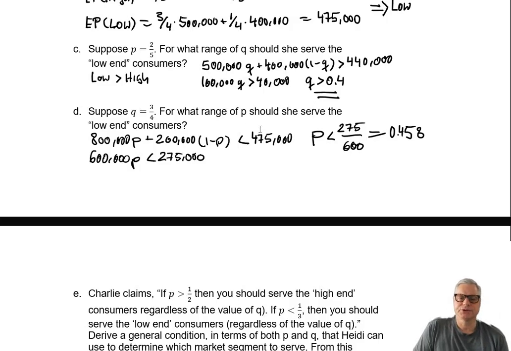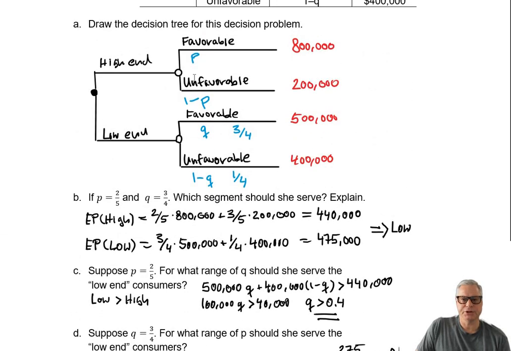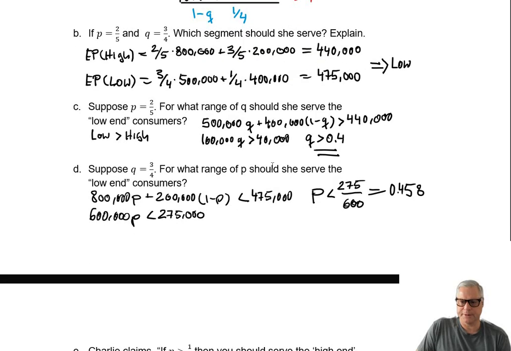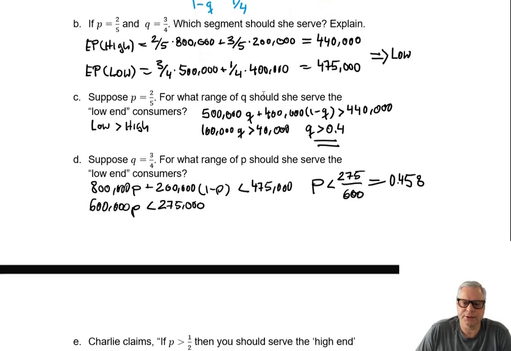So as long as the probability of a favorable condition in the high-end market does not exceed 45.8%, serving the low end is favorable.